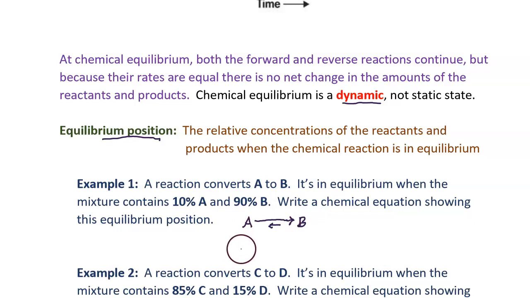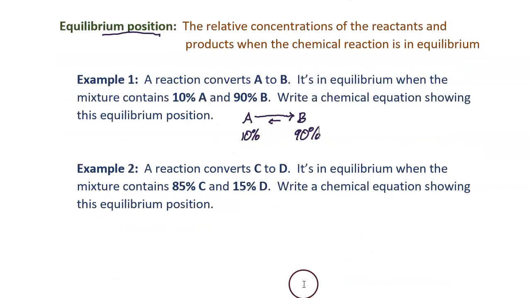And the reason is, when the reaction is in equilibrium, there's only 10% of substance A and 90% of substance B, meaning there's 9 times more of this product substance than there is of the reactant substance. So this reversible reaction favors the forward reaction.